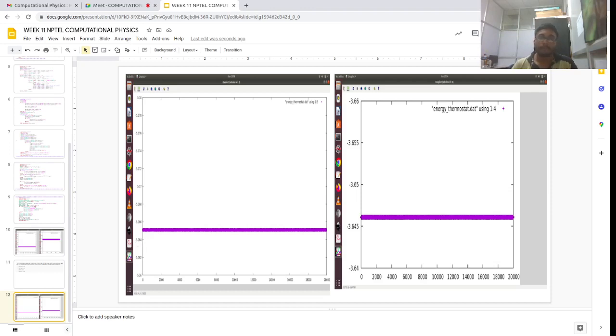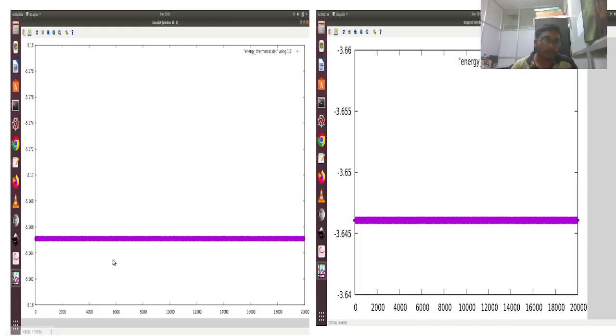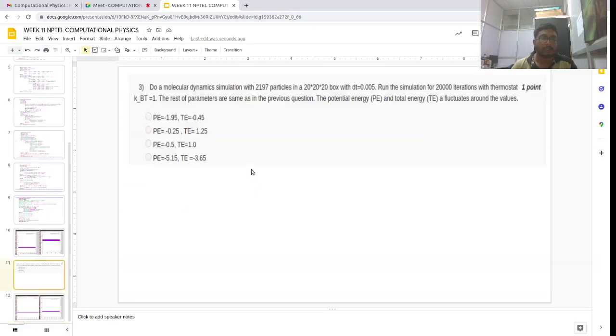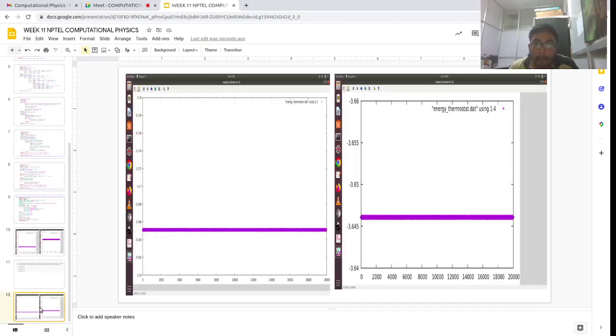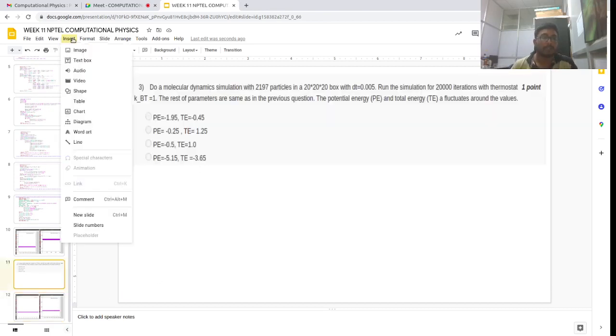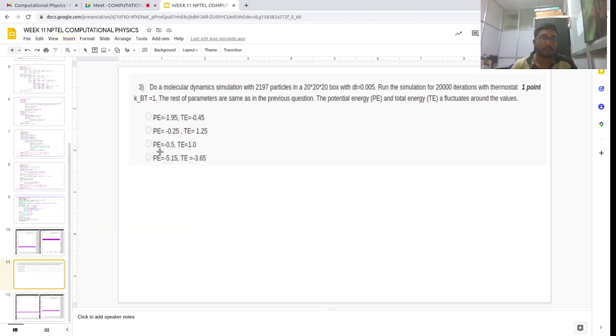You see, this will be around minus 5.165 and this is minus 3.645. So this will be around this, right? Just a second. Yeah, so this will be the correct answer.